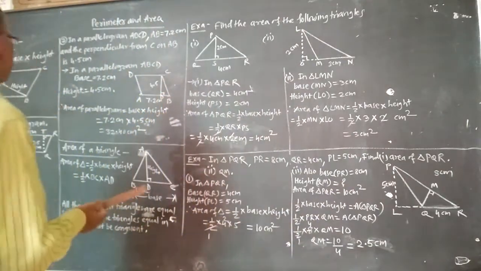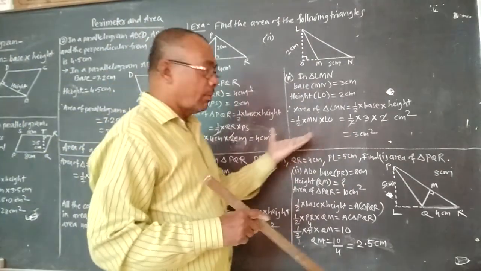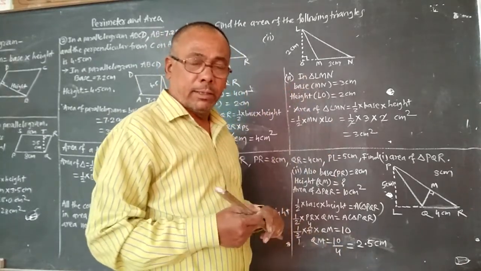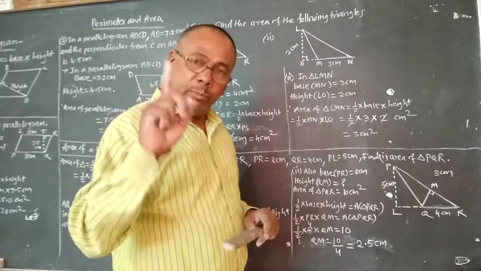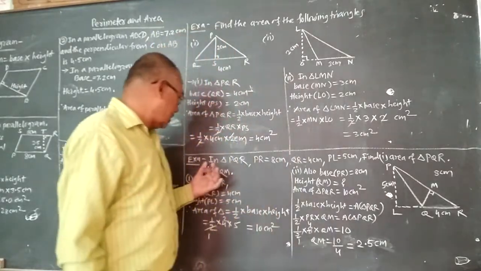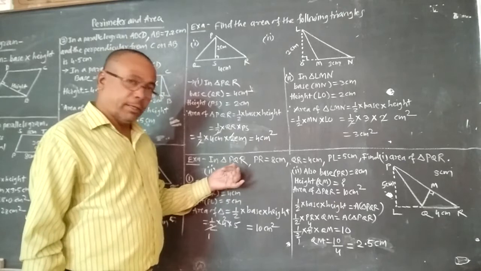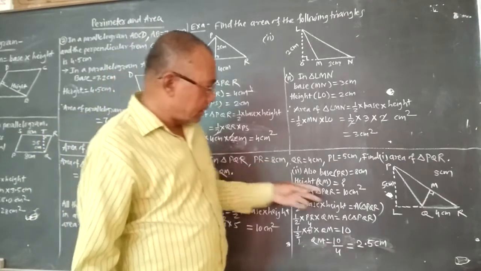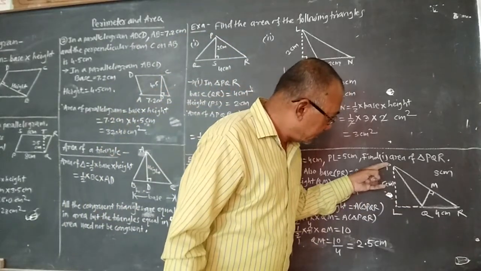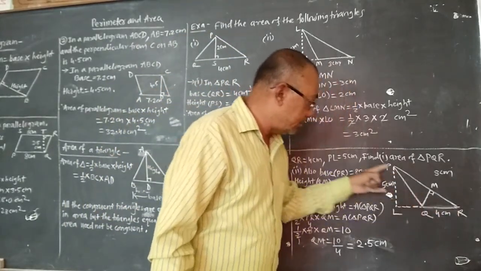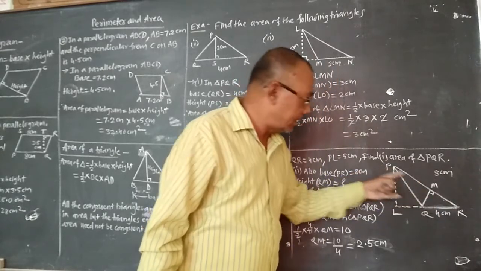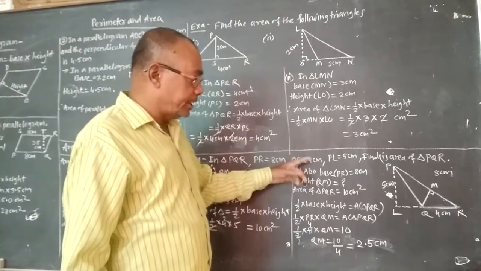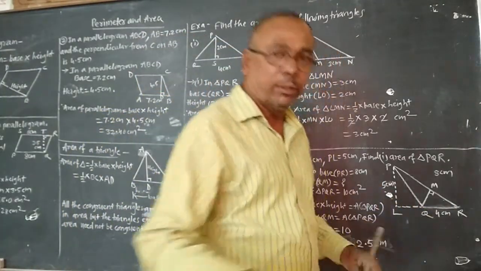So in this way we have found the area of both these triangles. Now we have one more question. Here in triangle PQR, PR is equal to 8 centimeter, the total length here, and QR is equal to 4 centimeter.